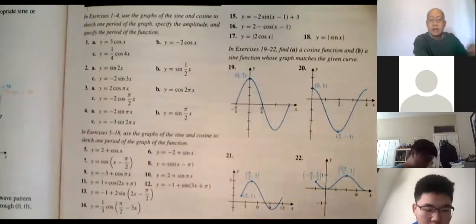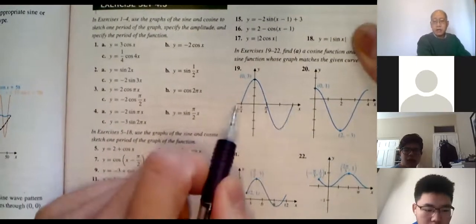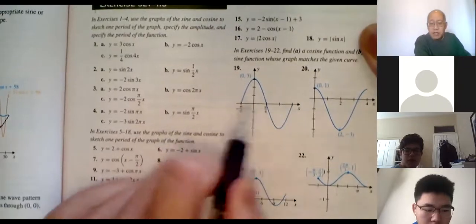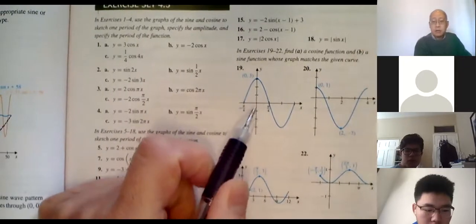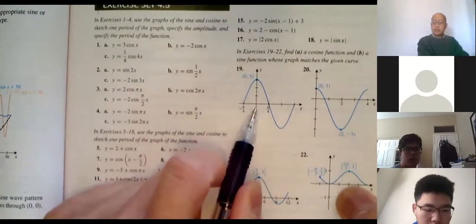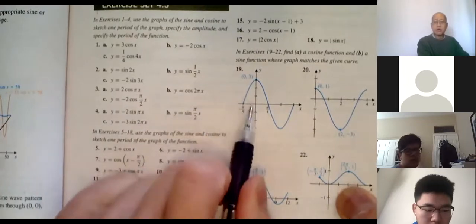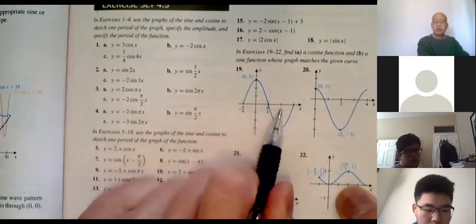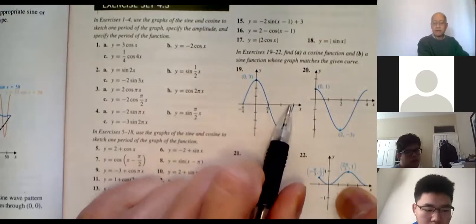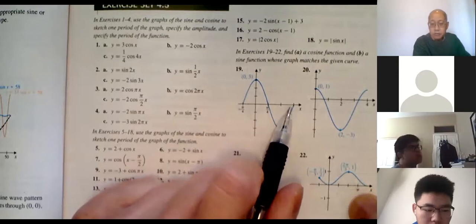Next, I figure out the period. This is one period. So how far is it from here to here? Well, it looks like these are pi over 4s, and that's 0, so I'll count by pi over 4s. Negative pi over 4, 0, pi over 4, 2 pi over 4, 3 pi over 4. So this is 3 pi over 4.